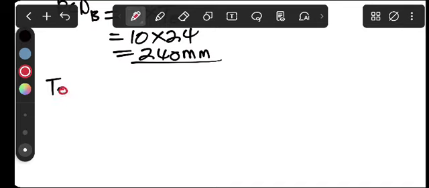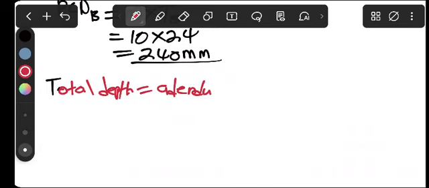Total depth will be equal to addendum plus dedendum, like that.